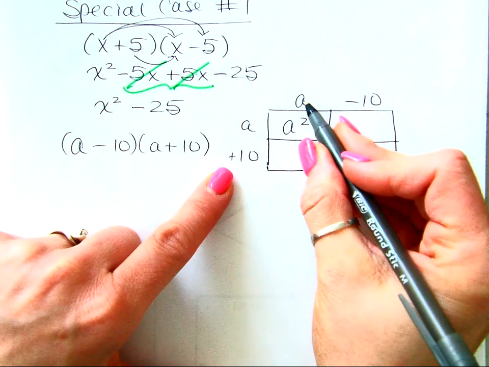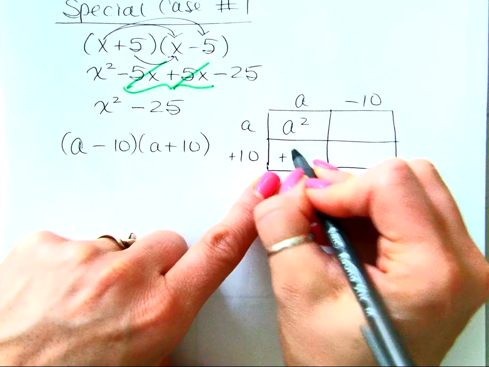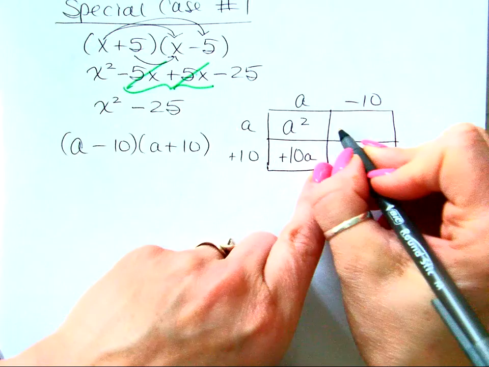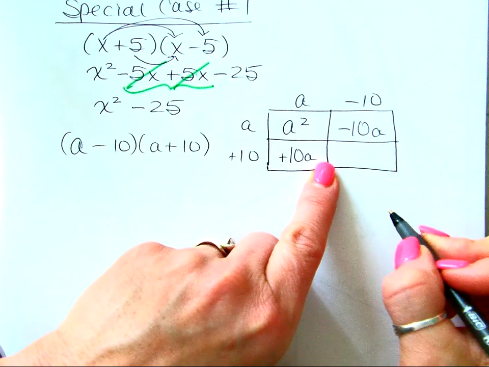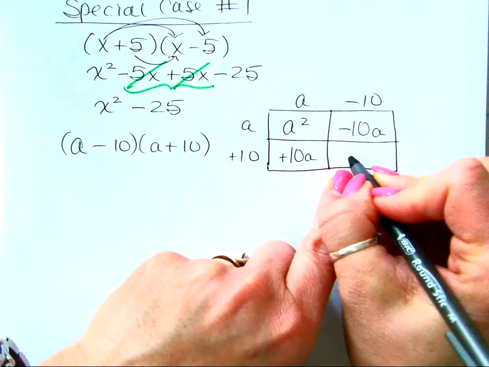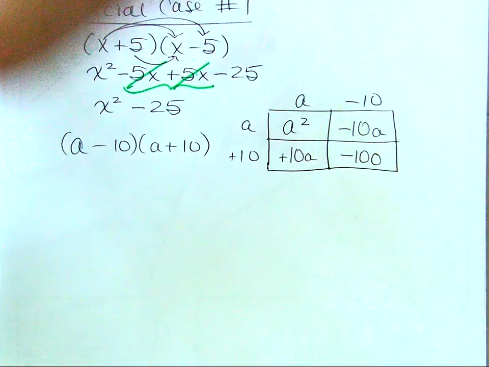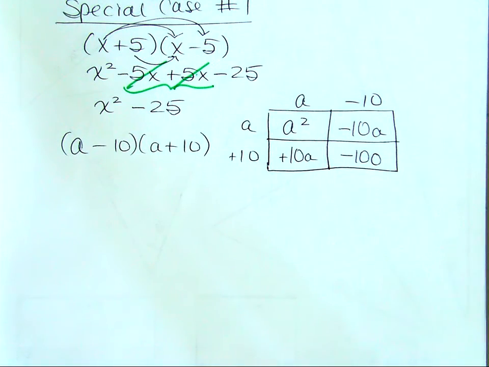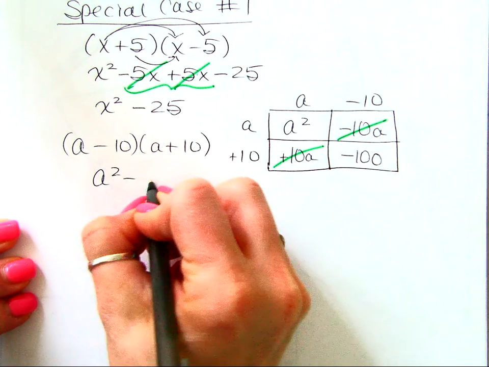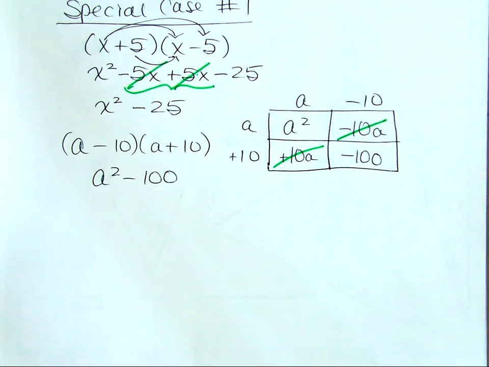It's going to give me my positive 10a. It's going to give me my negative 10a. And then my negative 10 times my positive 10 is going to be negative 100. So it happens again. The negative 10a and the positive 10a cancel, and I get that as an answer. Let's do a couple more.